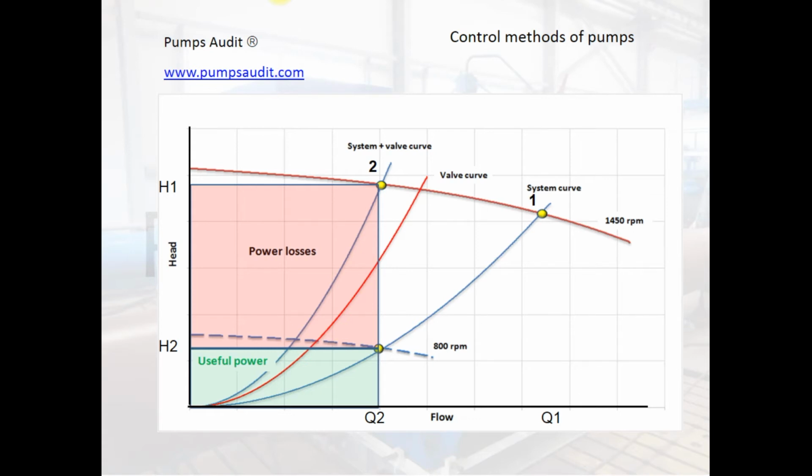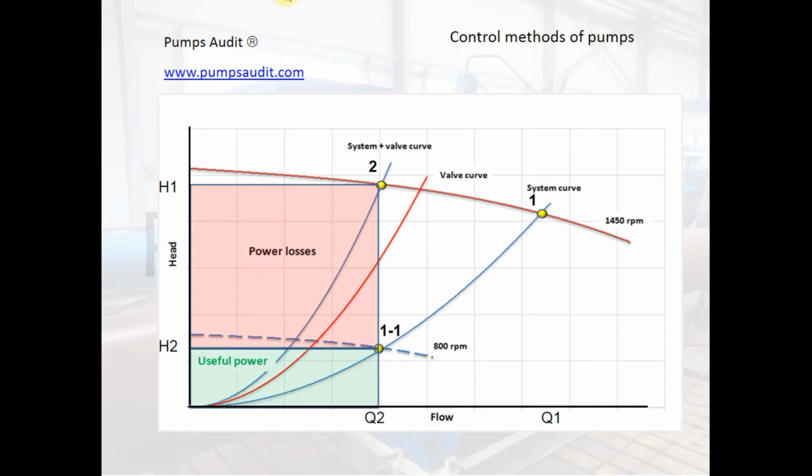The pump will deliver flow Q2 at the head H1, but the usual head which is required by the system is H2. The difference of heads H2 minus H1 is the losses of the head at the valve, and the red square is the power losses. The usual power required by the system is in a green color.